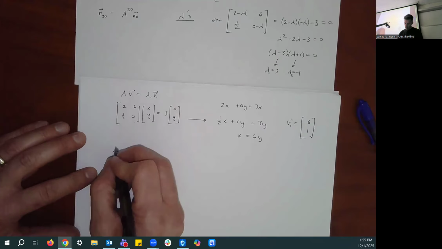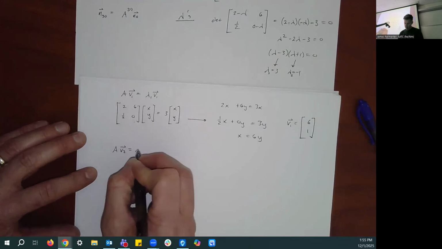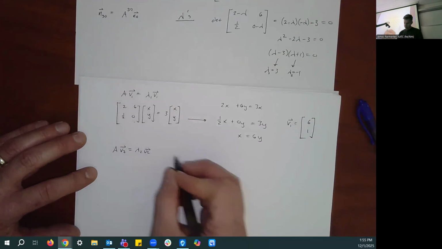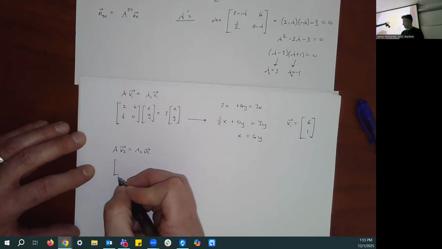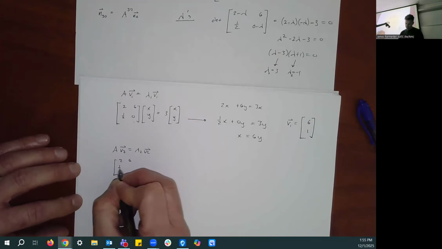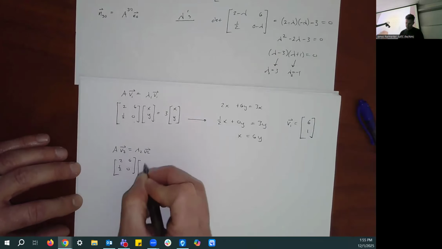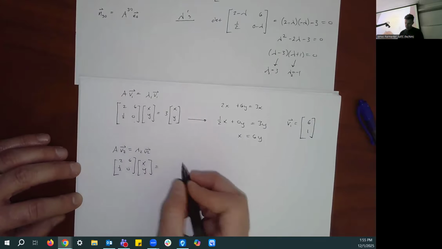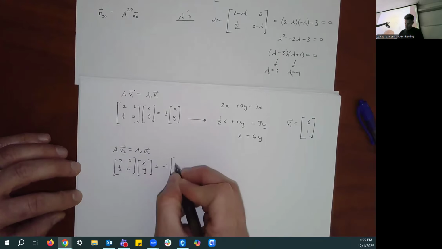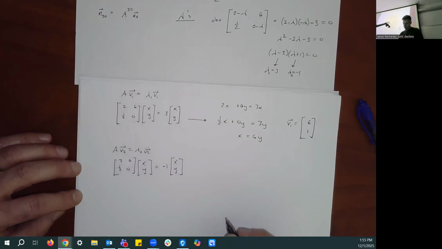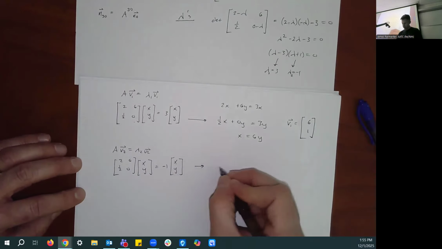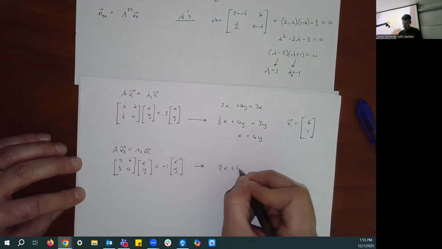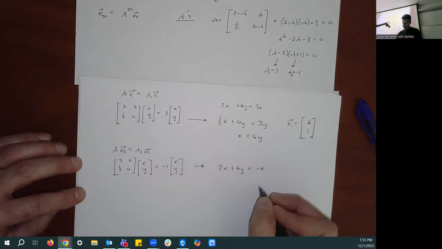Second eigenvector, A times v2 equals lambda 2 times v2. So that's going to give us 2, 6, 1/2, 0 times my eigenvector equal to negative 1 times my eigenvector. So using the first equation, because that's just how I do it, 2x plus 6y equals negative x.